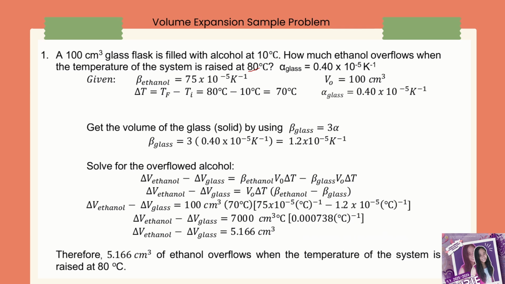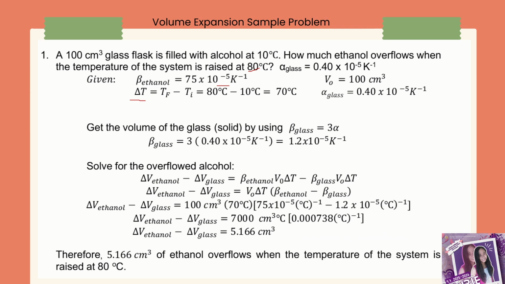Here are our givens. We have beta for the ethanol, 75 times 10.